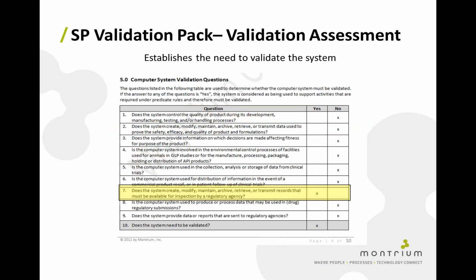In this particular case, everything was no apart from question 7, which was, does the system create, modify, maintain, archive, retrieve, or transmit records that must be available for inspection by a regulatory agency? And basically, if any of the answers to these questions is yes, we consider the system needing validation.